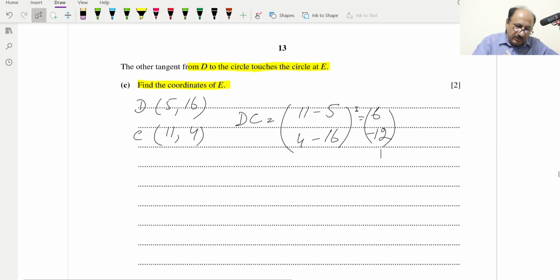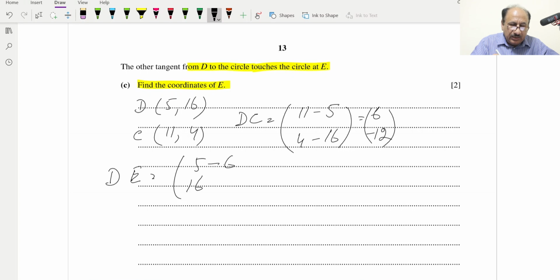Then we can similarly write DE also. For DE we require the E coordinates also. DE will be equal to 5 and 16, and 5 minus 6, and 16 minus 12.